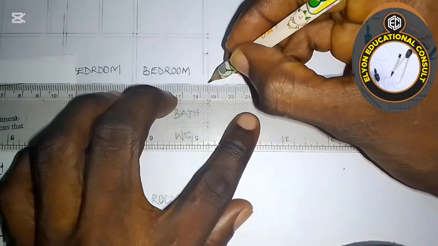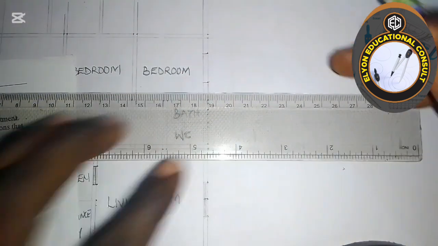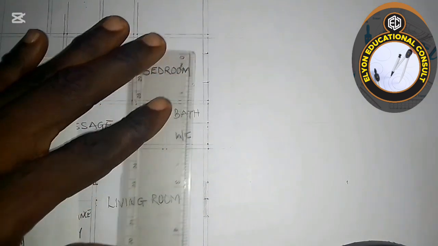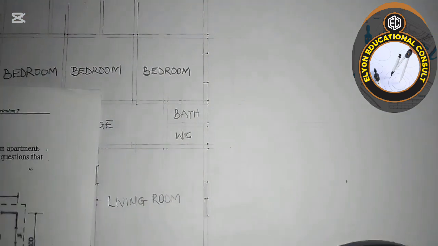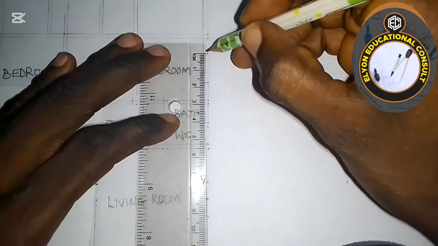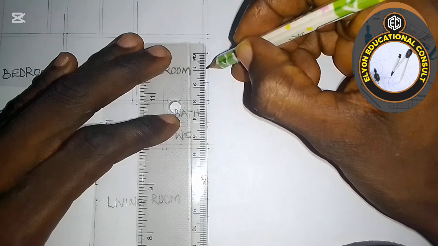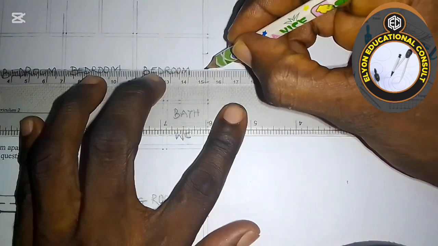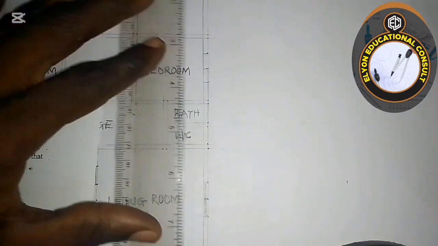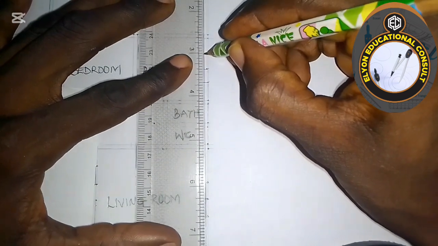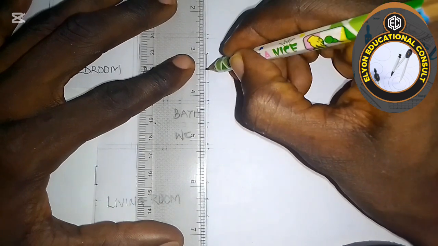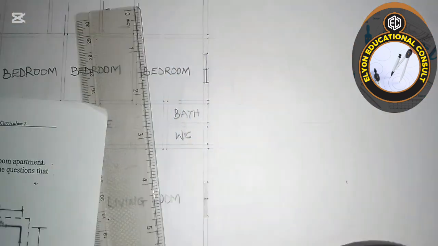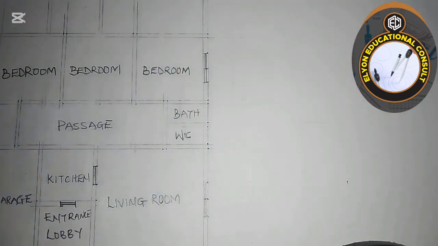And don't forget, it's a double window that is there, so I will divide the window into 0.9 and 0.9. Okay, so we have it that way.